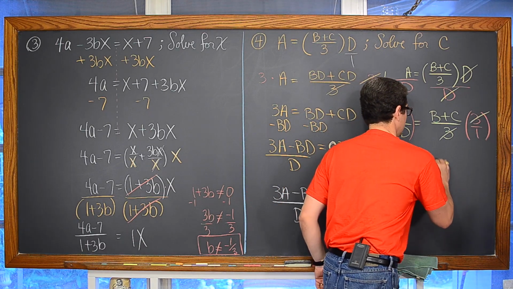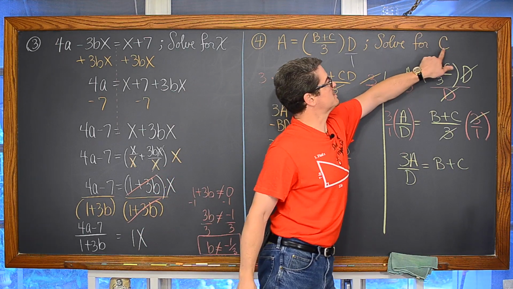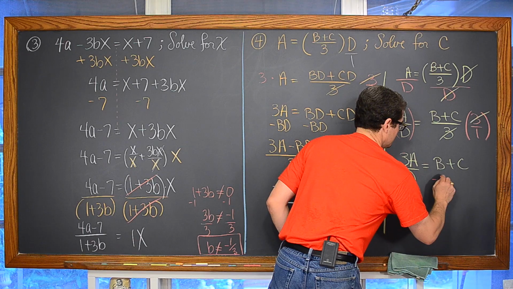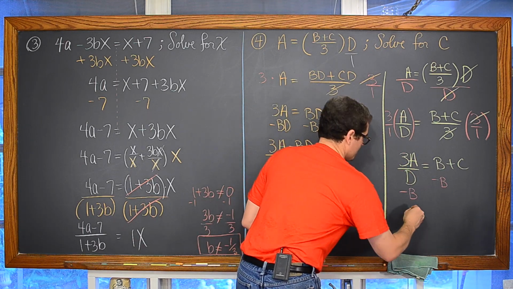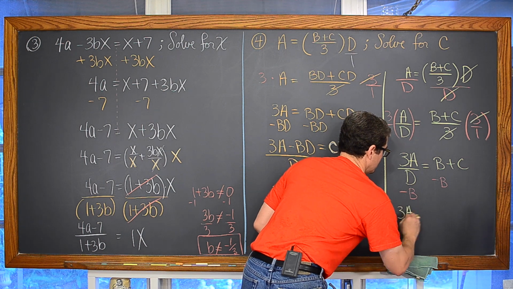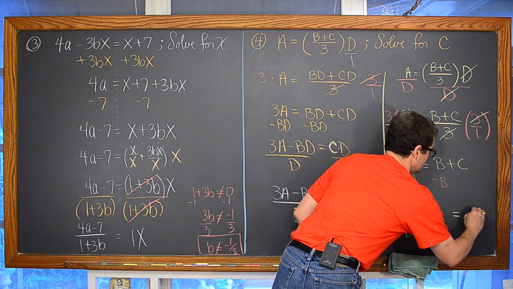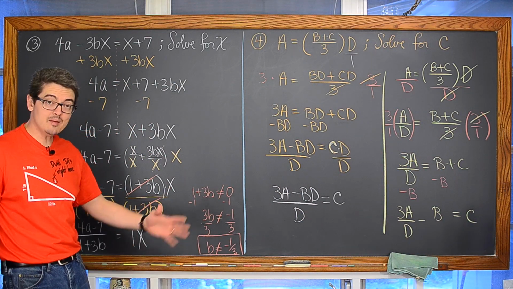So we have b plus c, and I'm trying to solve for c, so I'm going to subtract b from both sides, and we get 3a over d minus b is equal to c. Bam! I'm done, right? And I am done.